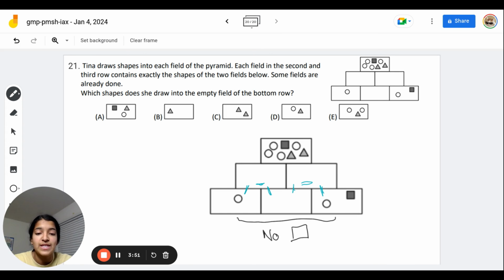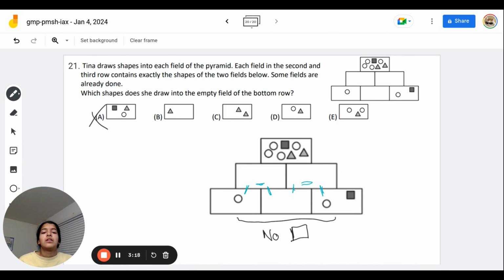And at the top, we see that there's only one square. And then when we look at the bottom row, we see that there is also only one square. So if we added another square into the middle square, that means it would make 2 squares, and that would not be the right answer. So we don't have any squares in the middle. So let's look at our options, which means it wouldn't be A, but all the other ones could possibly be true.